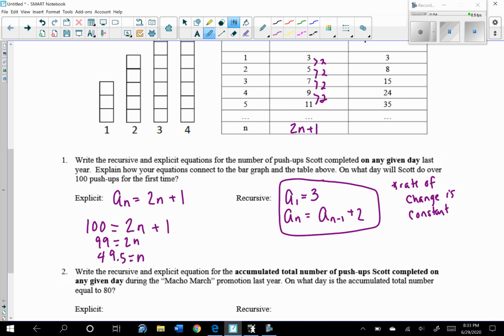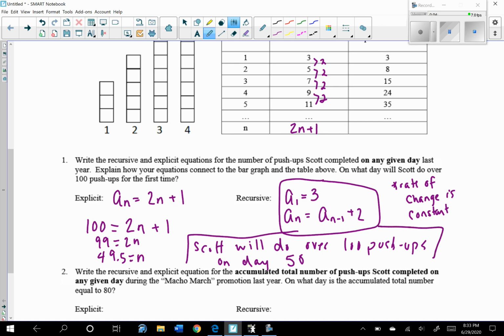So that means Scott will do over 100 push-ups on day 50, because we want over 100. So on day 50.